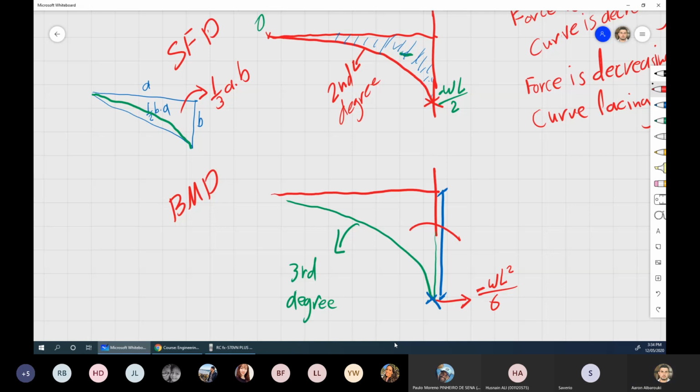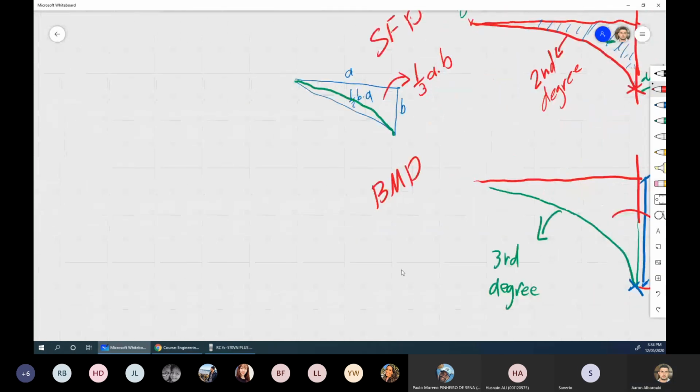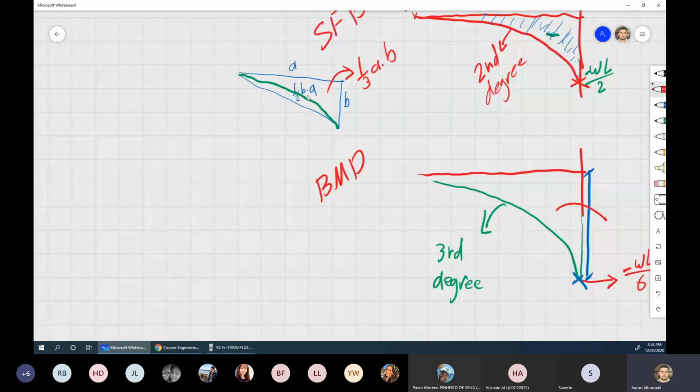Correct? All good, guys? Just remember this is an easy one, very similar to a triangle. The area of a triangle is half the base times the height. The area of this shape under a parabola curve is a third of the base times the height. Easy.